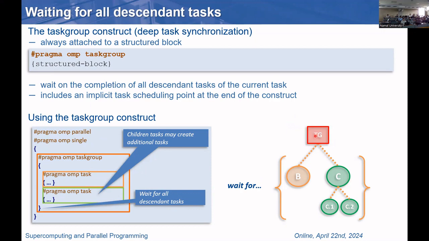It allows you to have a deep taskwait after the taskgroup. So now the taskwait waits for everything, including children, grandchildren, and great-grandchildren. All of them.